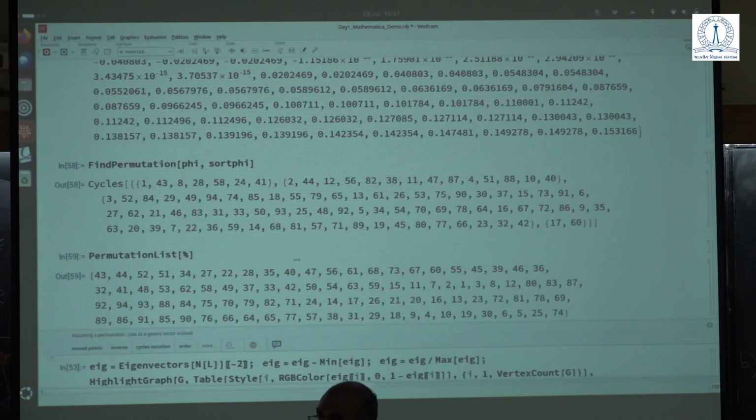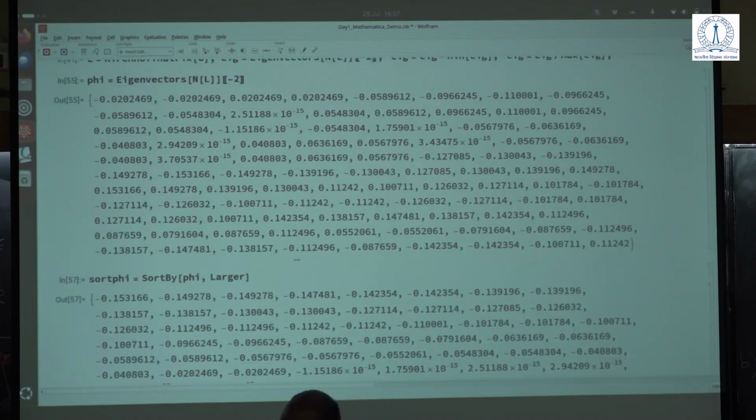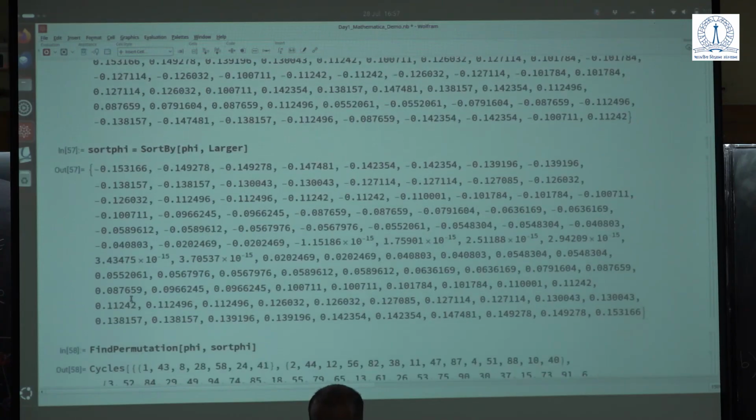Let's just check which way it is. It could give either the permutation or its inverse. I think when you sort it, it goes from the most negative to the most positive.